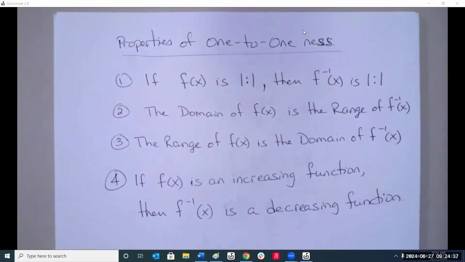Would the inverse also be parallel? No. Because remember, you switch the points x and y. So it can't be parallel.